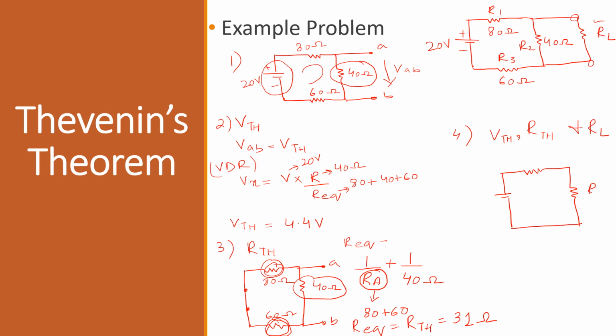This is the load resistor, this is terminal A, this is terminal B, and the value of VTH is 4.4 volts and the value of RTH is 31 ohms. So this is your Thevenin's equivalent circuit.